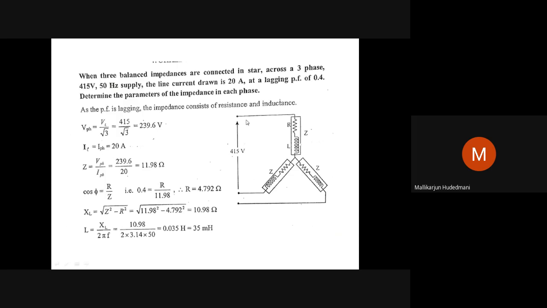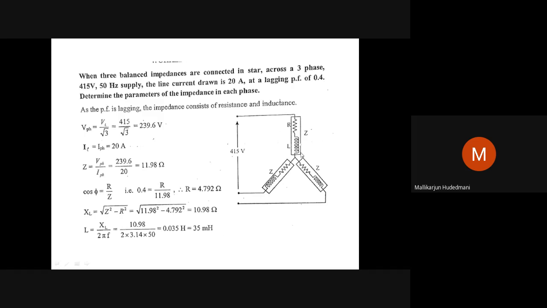That means the current flowing in each line, 1, 2, 3, is 20 ampere, lagging. Lagging means the load is inductive. And the power factor of each arm is 0.4. Determine the parameters of each branch.